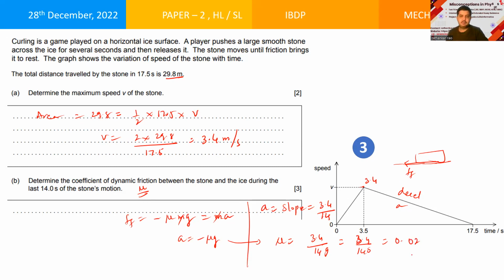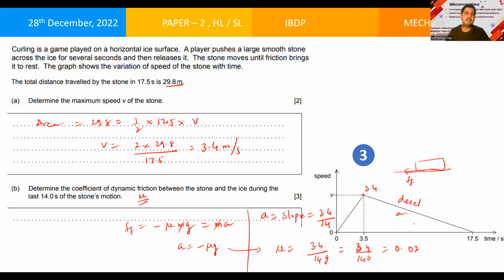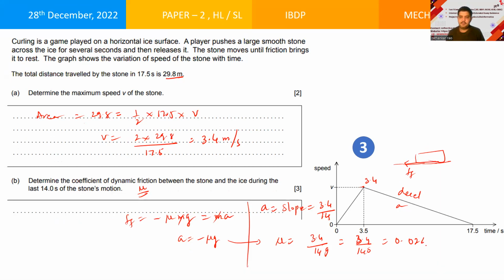Let me do it once again. Yes, it is 0.024. What is being asked? How many significant figures? 2 significant figures. 3 significant figures over here. So this is fine.